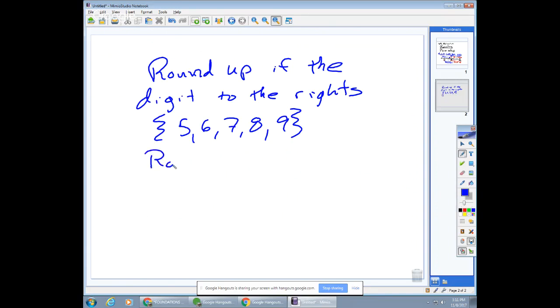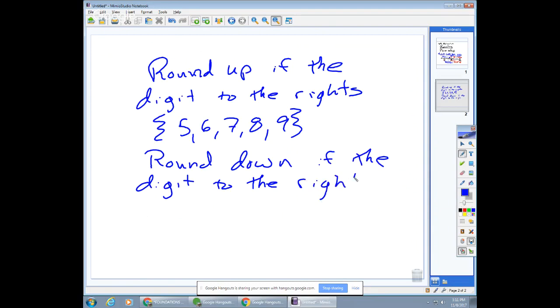And we round down if the digit to the right is 0, 1, 2, 3, or 4. 10 choices for digits, 5 of them go down, 5 of them go up.